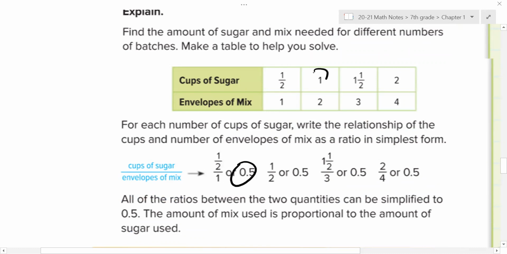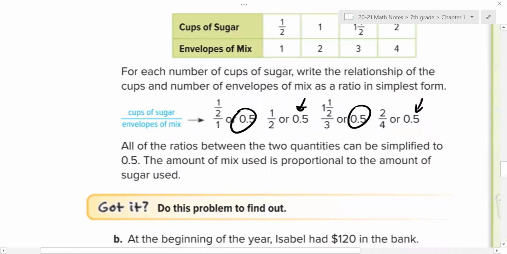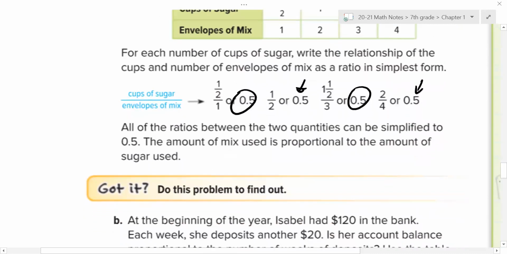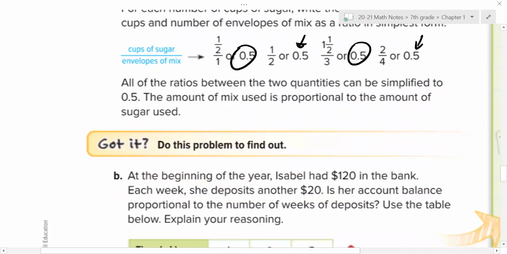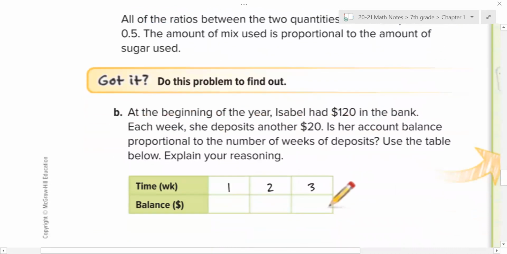When we have 1 cup of sugar and we're dividing to get the unit rate by 2, we get 0.5 again. When we have 1 1/2 divided by 3, we get 0.5 again. And of course, 2/4 is just 1/2. All the ratios between the two quantities can be simplified to 0.5. The amount of mix used is proportional to the amount of sugar used. So that one is proportional, no matter what the sugar to mix is going to be staying the same.